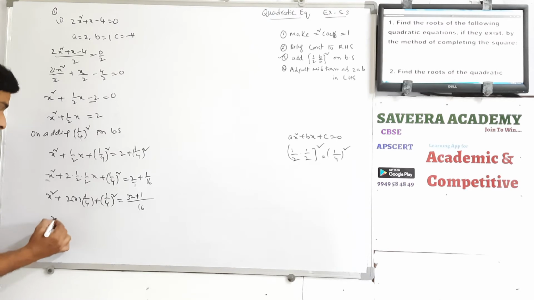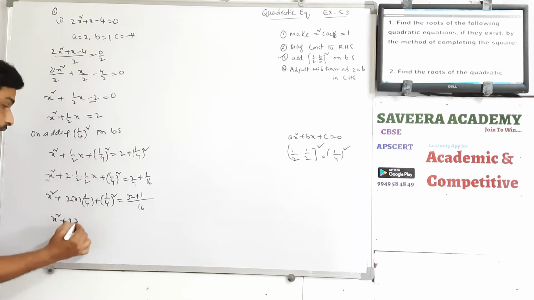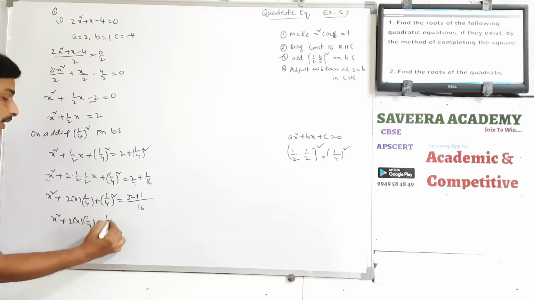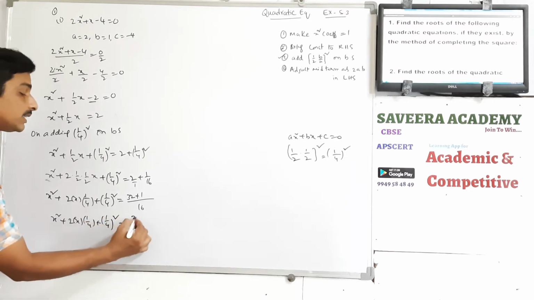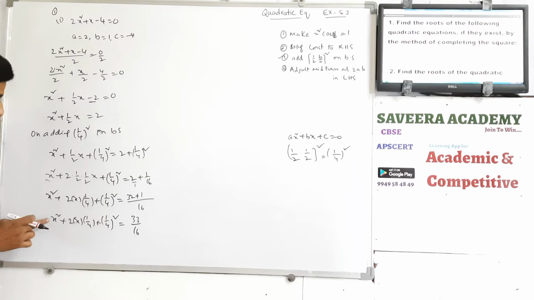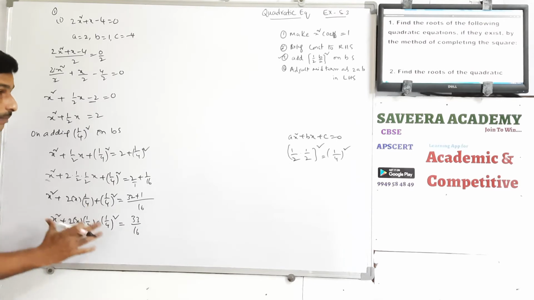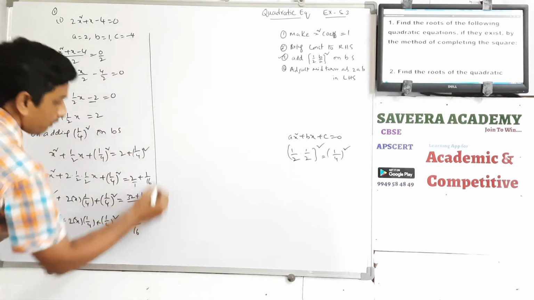Therefore, this is x square plus 2 into x into 1 by 4 plus 1 by 4 whole square is equal to 33 by 16. Now this is the a square plus 2ab plus b square formula, so a plus b whole square.